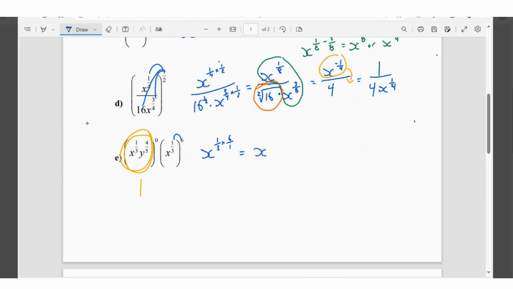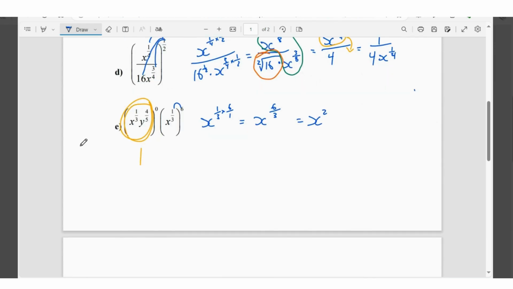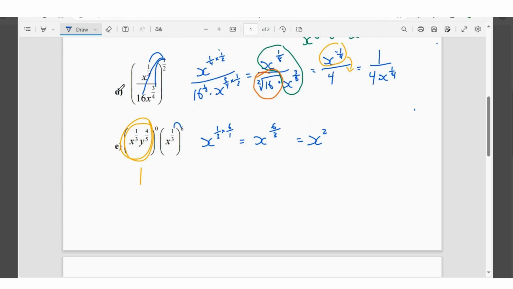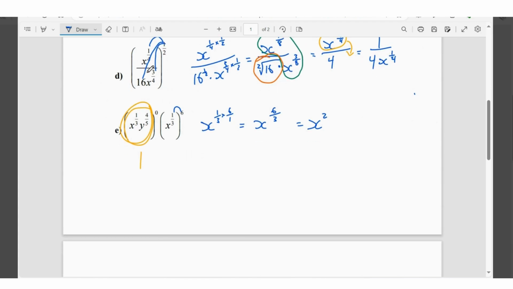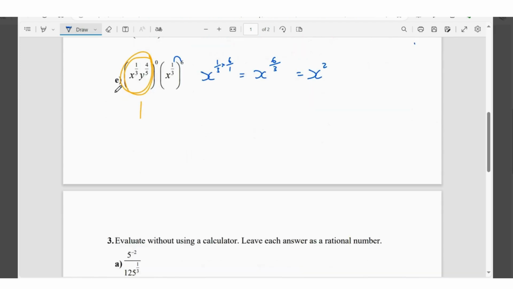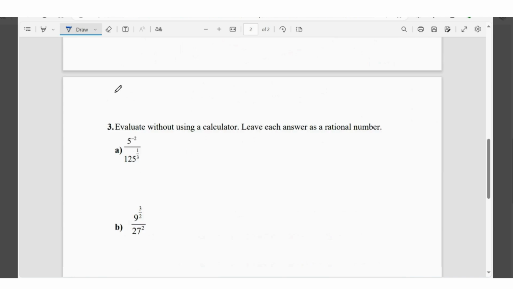That equals x to the power of 1 times 6 is 6, over 3 times 1 is 3, and 6 divided by 3 gives us x to the 2. Okay, so sometimes there are a lot of steps. Just take it slowly, take it methodically, remember your rules and apply them. You might apply a different method to a different situation, but as long as you know all the methods, you should be fine.